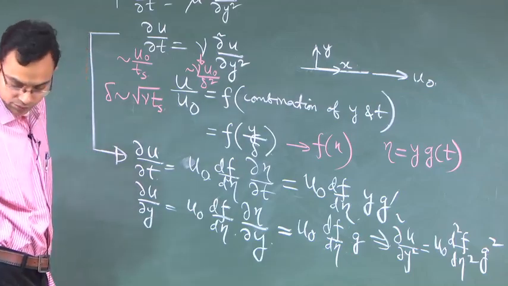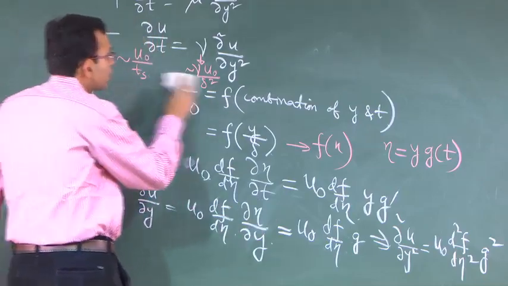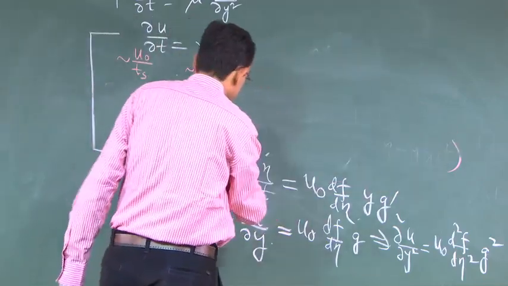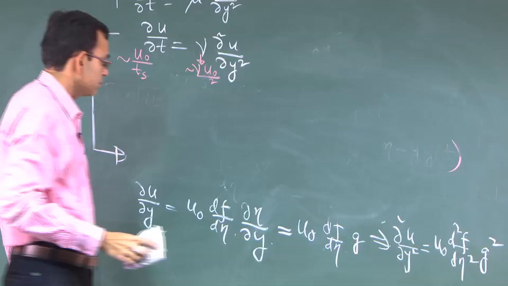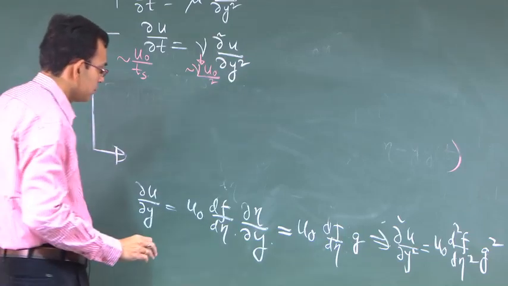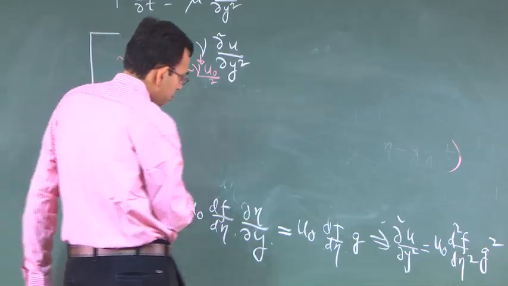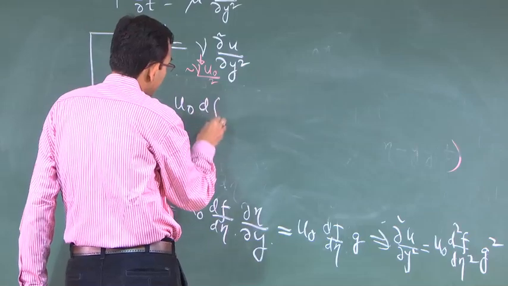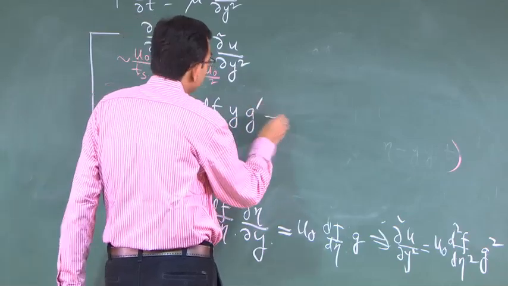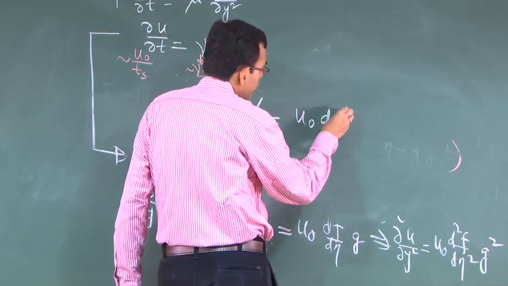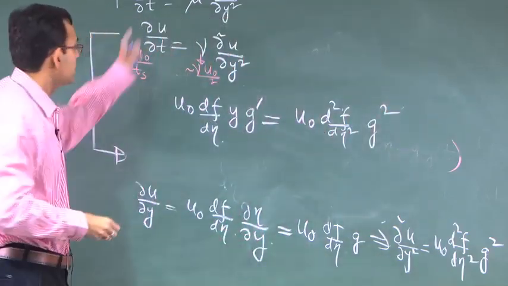So this equation will boil down to u0 df d eta y g dash is equal to u0 d2f d eta 2 g square. This term is equal to this term.